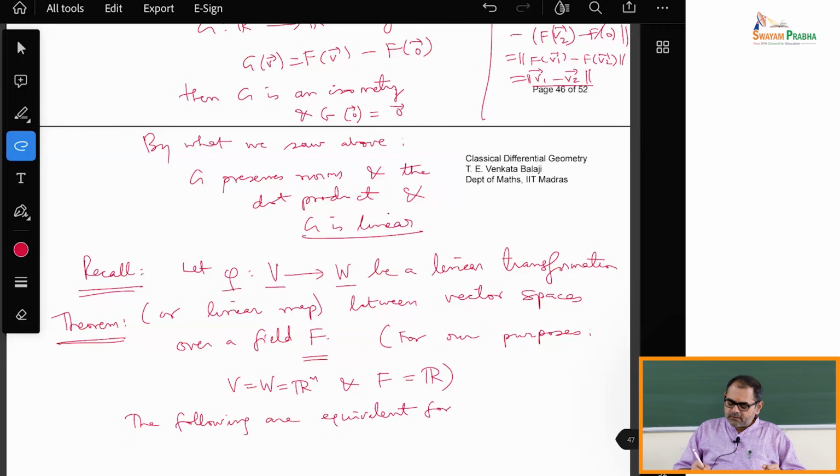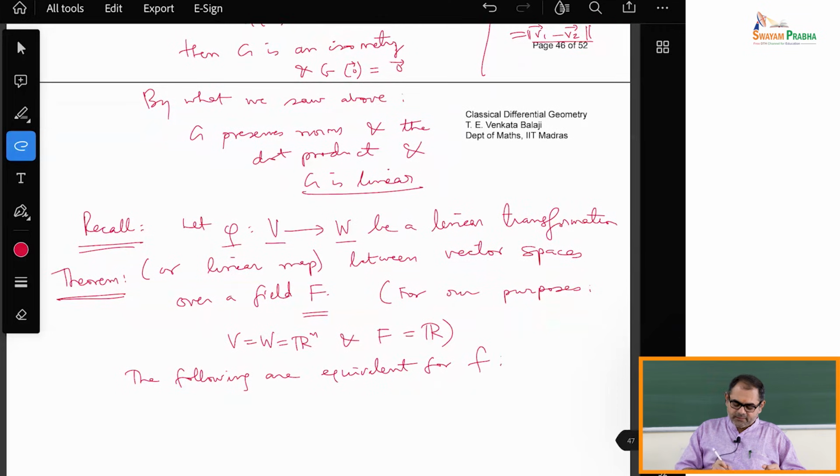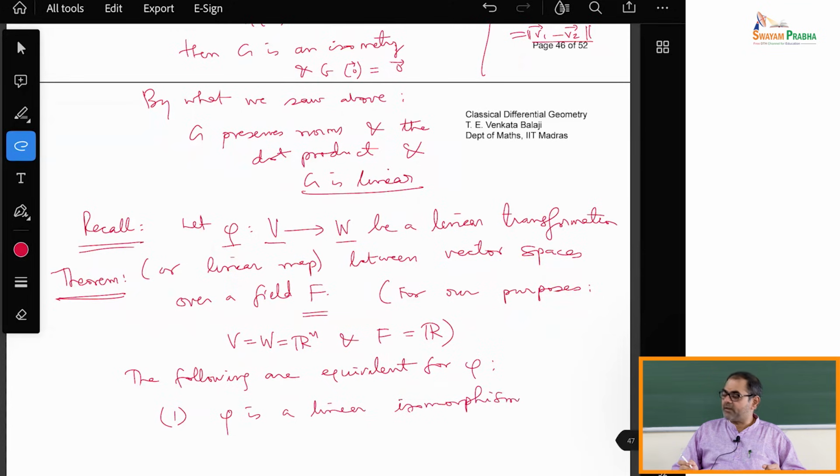for the map, which I called phi. The following are equivalent for phi. Number 1, phi is a linear isomorphism. Okay, and a linear isomorphism means that it is bijective.